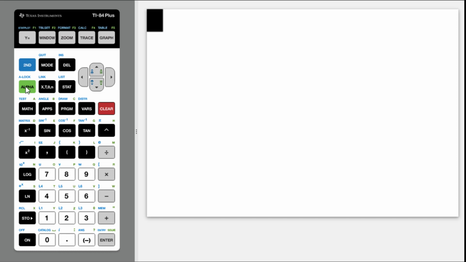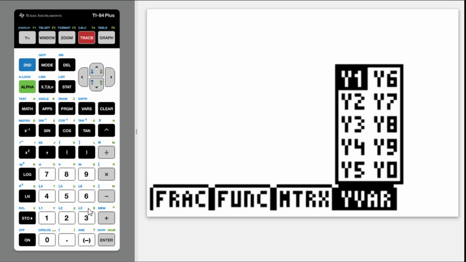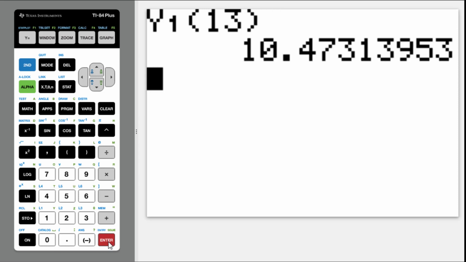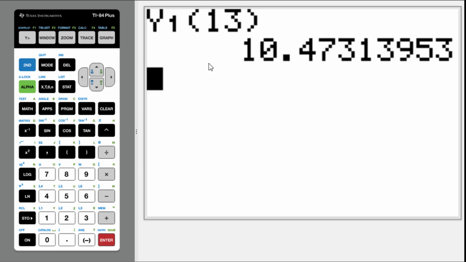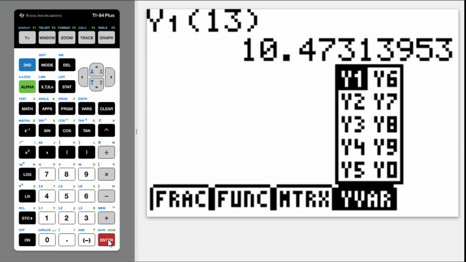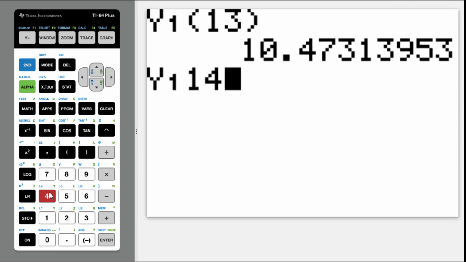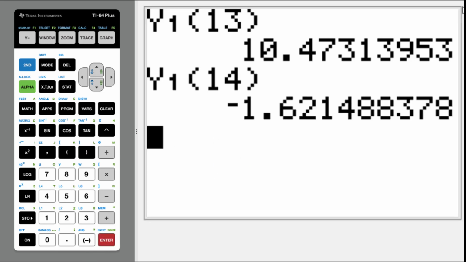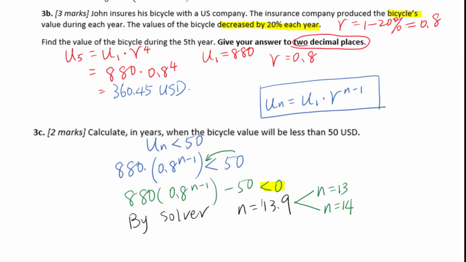Plug in alpha trace y1, 13, enter. It gives us a positive number, so it's not the solution. Alpha trace y1, 14, you get a negative number. So n equals 14 is the solution.